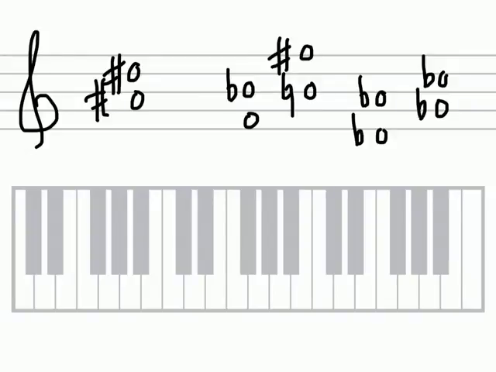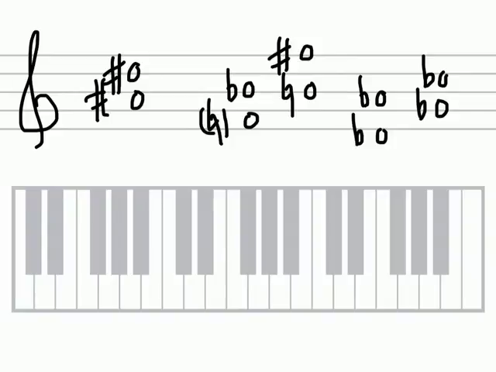When I say that the F has to be one accidental higher than the B, what I mean is this. The natural here is one accidental higher than the flat for the B. The sharp here on the F is one accidental higher than the natural for the B over there. So that's what I mean by one accidental higher.